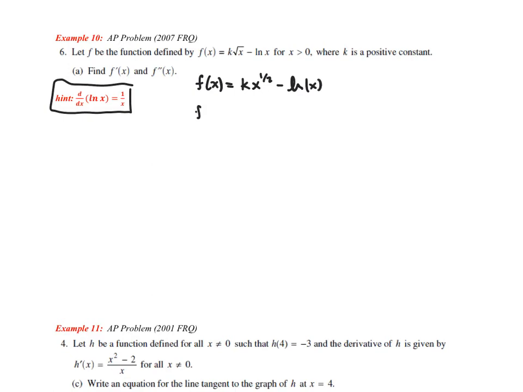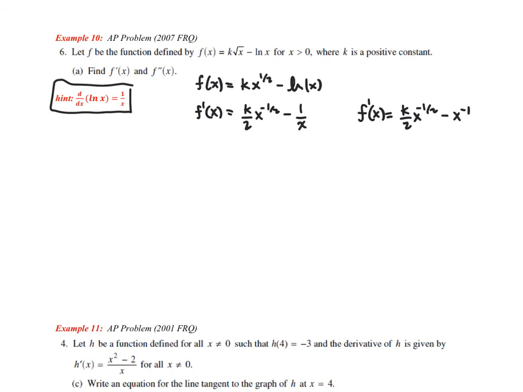Okay, so the derivative of k square root of x is k over 2 x to the negative 1/2. And the derivative of negative ln of x is negative 1 over x. All right, I'm just going to rewrite that in a form that will be helpful here. That'll be k over 2 x to the negative 1/2 minus x to the negative 1.